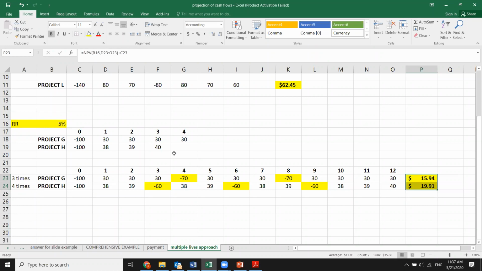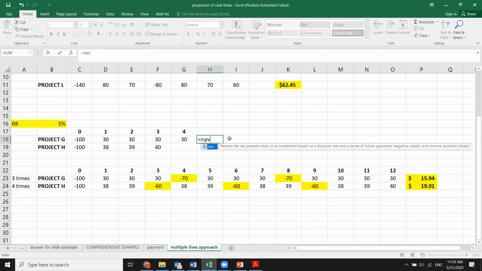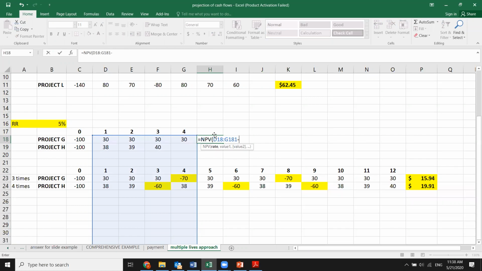So now you can easily select which, but let me compare the NPV for this. To compare it. Oops, what's up?